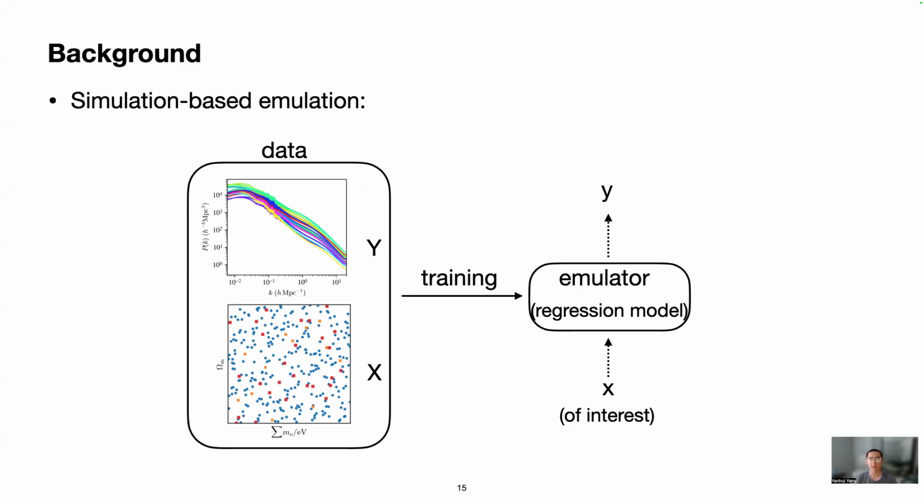With the input x and output y, we train a regression model, the emulator. Then the emulator will be able to predict the matter power spectrum for any given cosmological models in the parameter space.